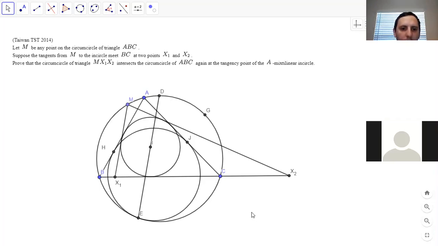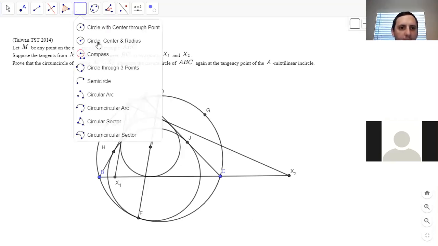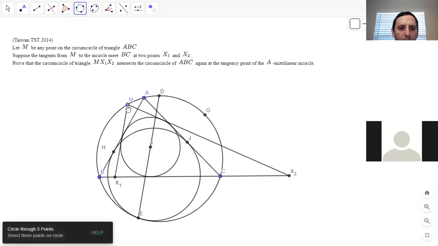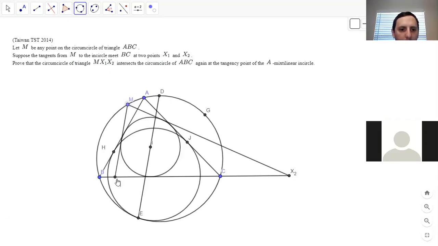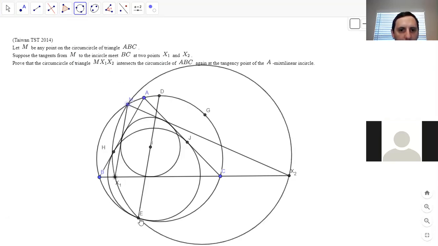We can use radical axes. Maybe even power ratio lemma. Or we can try to find another point that lies on that circle. I think that's sometimes the most common way to do it. So maybe there's some special point that lies on this, although I'm not so sure there is.